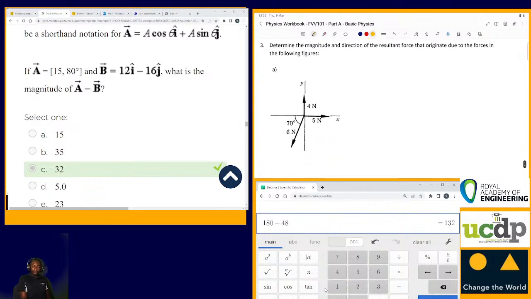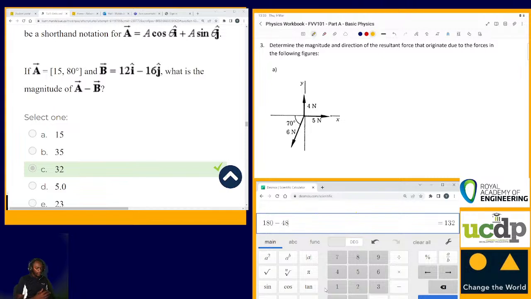Then question 3 is asking us to find the magnitude and direction of the resultant force that originates due to the forces in the following figures.